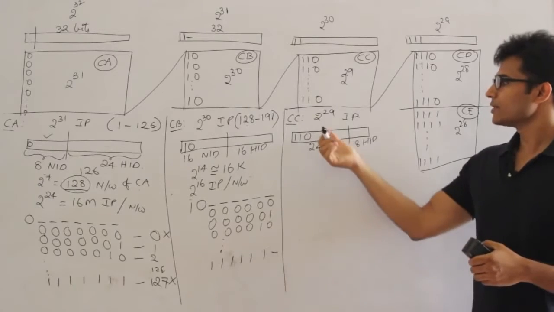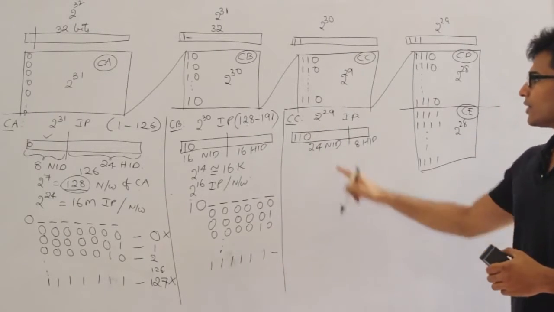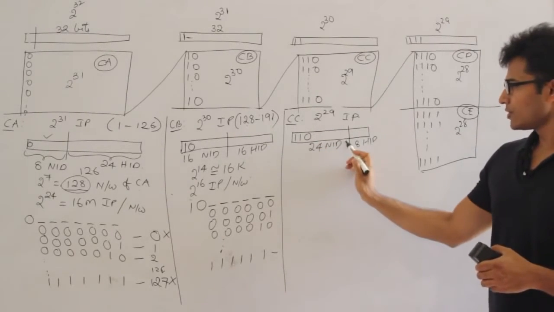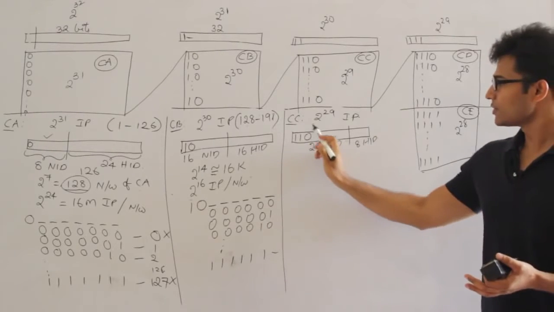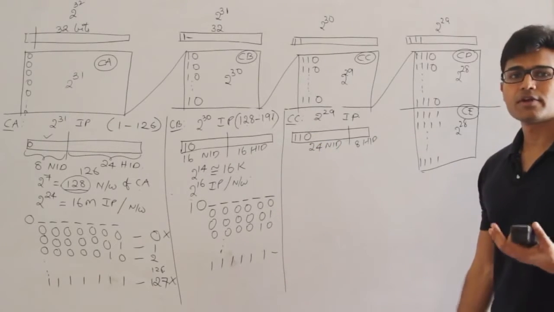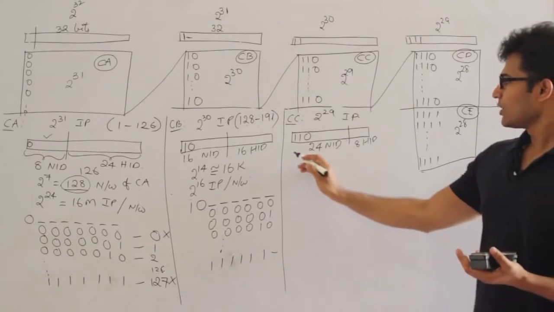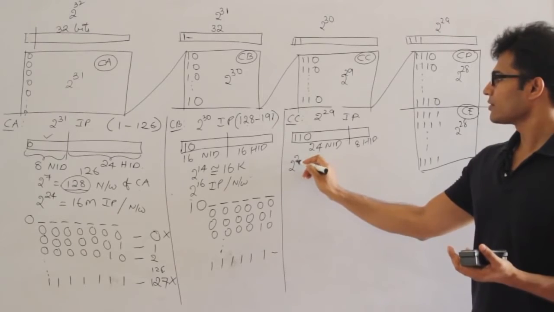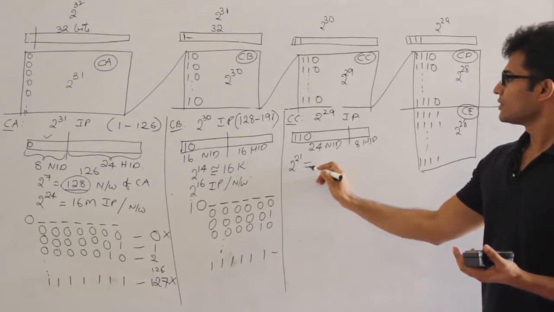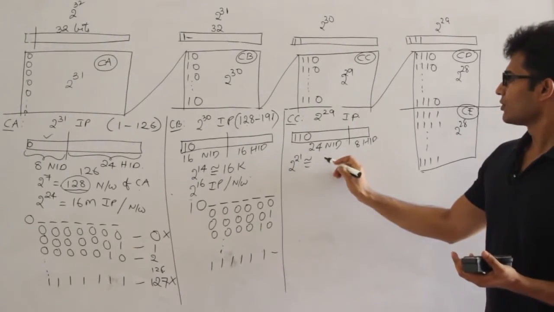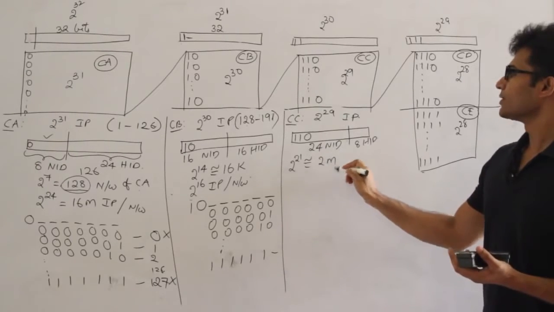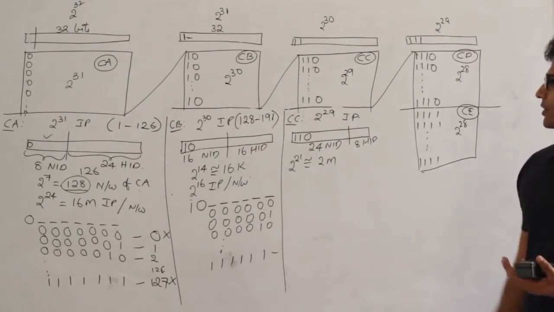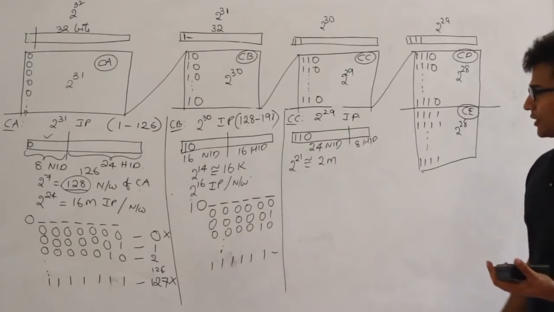How many bits are remaining? 21 bits are remaining. So the total number of networks of class C possible is 2 power 21, which is roughly equivalent to 2 million. The exact number is not required, it is roughly that.